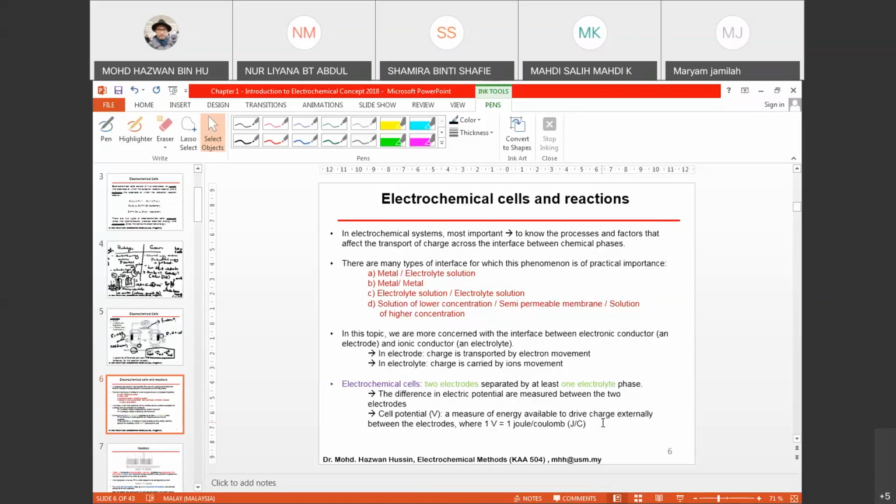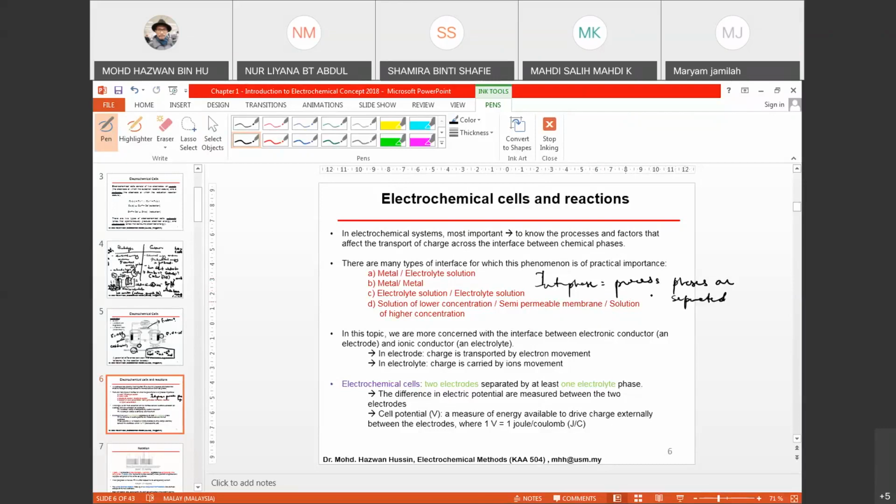Interface is a process or phenomenon where phases are separated.